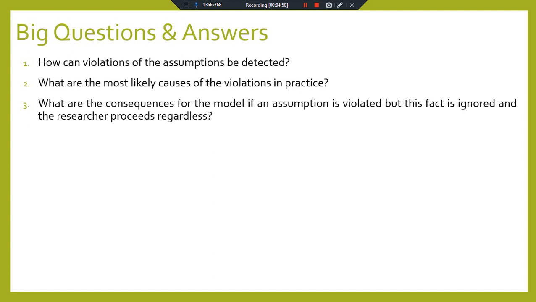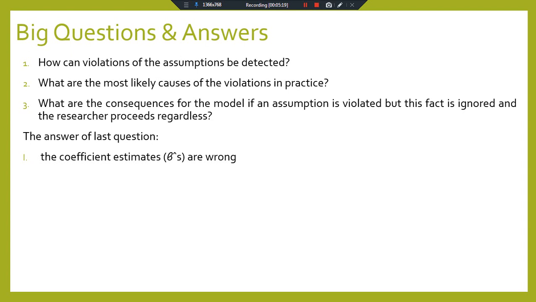The first two questions demand a detailed discussion, and we are going to discuss them in detail. But what happens if the researcher ignores the violation of the OLS assumptions and proceeds?